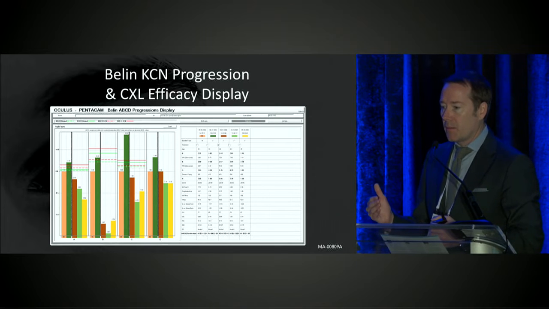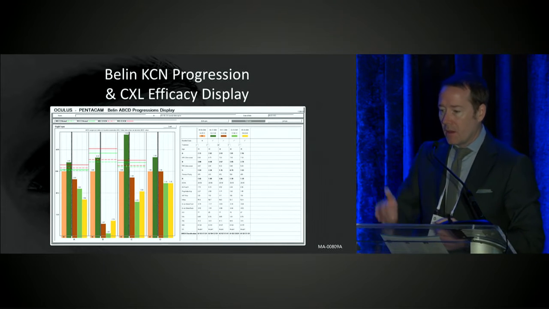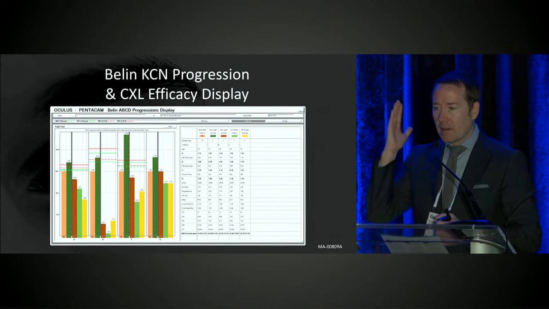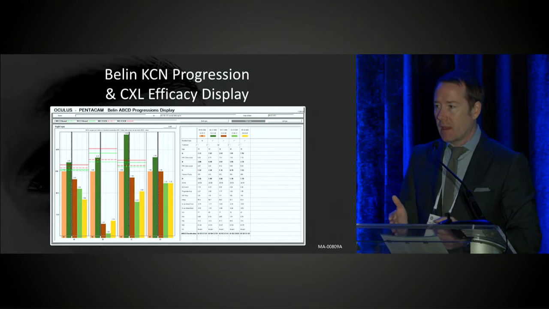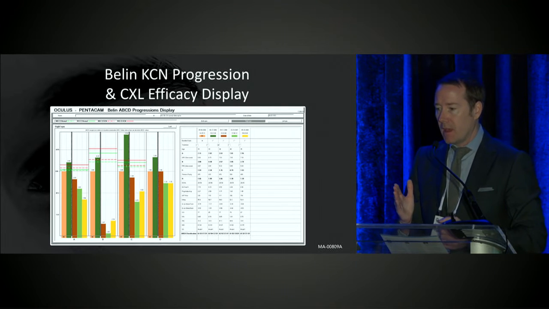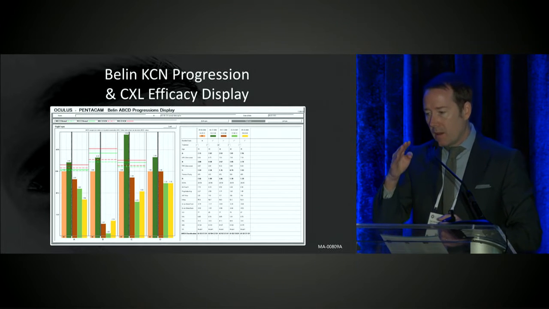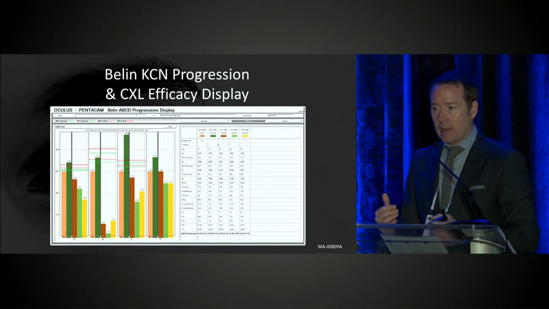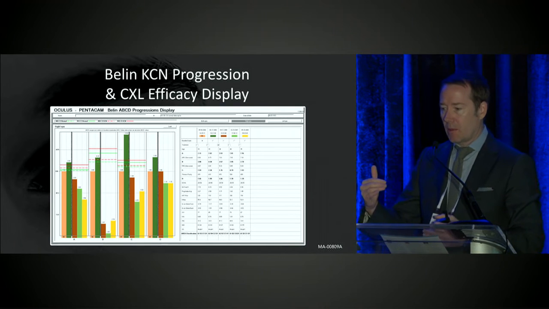So if we want to look at progression and you have the vertical gray hash marks, that's when an intervention occurred, such as cross-linking. So here cross-linking occurred in the gray hash mark in the middle of the treatments, and you can see now that there has actually been regression, meaning the patients have improved, they've stopped progressing.